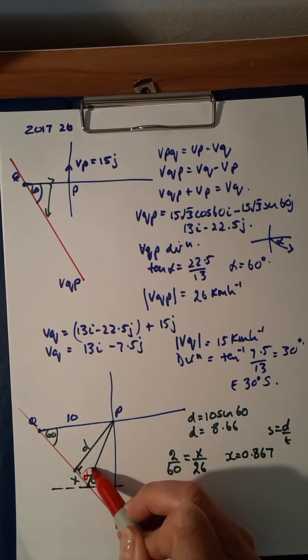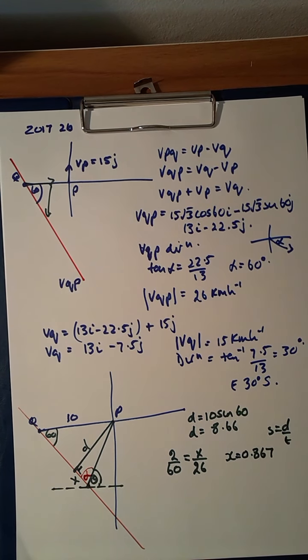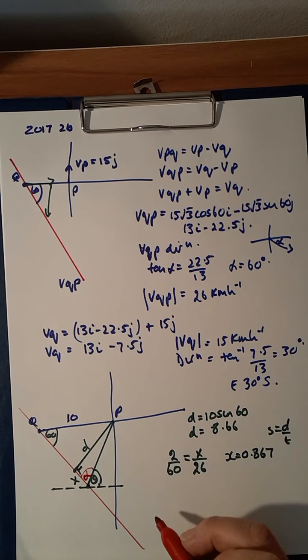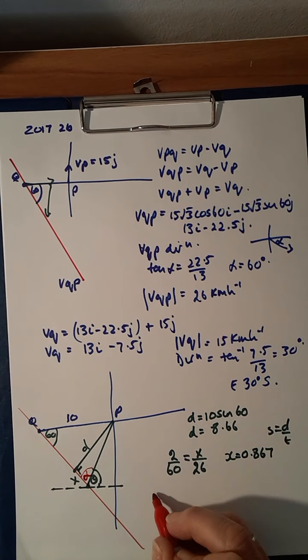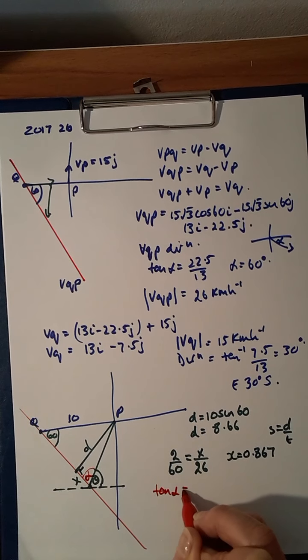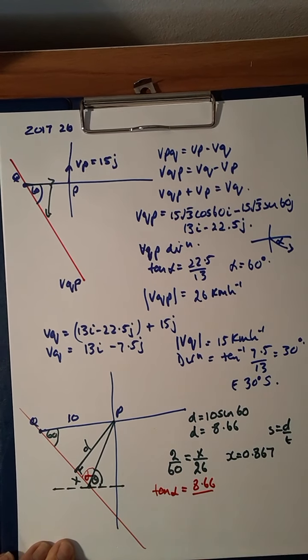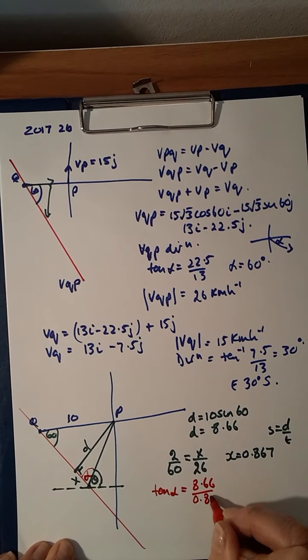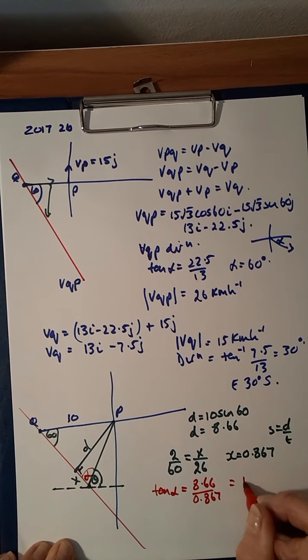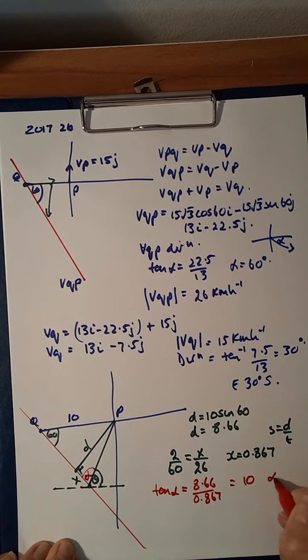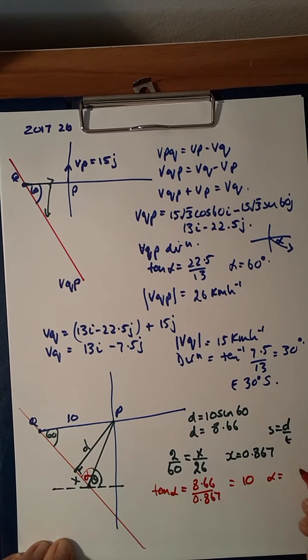So to get red alpha, the tan of alpha is equal to 8.66 over this distance here, which is 0.866, and that gives me nearly 10, which means that when I do second function tan on that, I'll get 84.29 degrees.